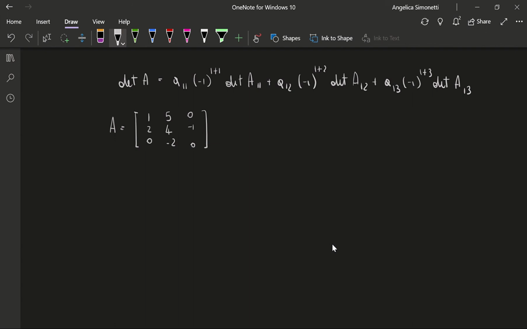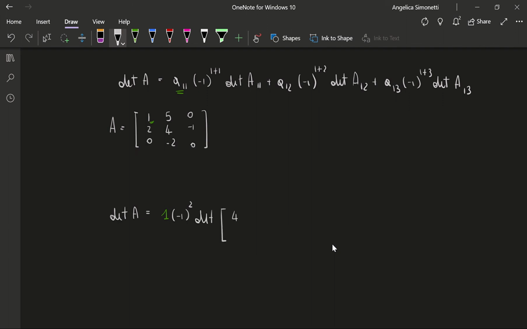Well, let's look at the formula that we have above. Determinant of A is going to be A11. So who's A11? It's the first entry, so it's going to be 1 times minus 1 to the second power, and then there's the determinant of the matrix that I get if I remove the first row and the first column.